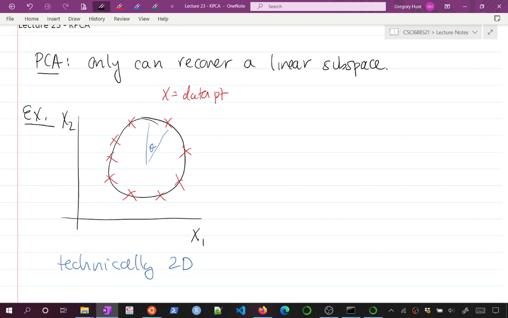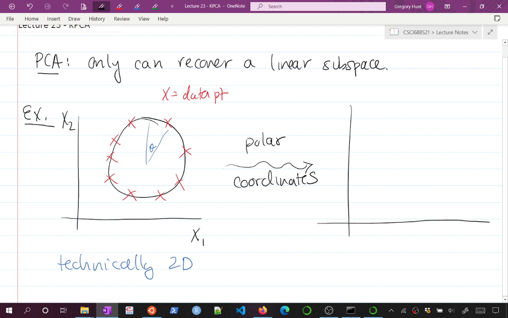Indeed, if I were to convert this to polar coordinates, I would get a space where r is the radius and theta is my angle, going from 0 to 2 pi.